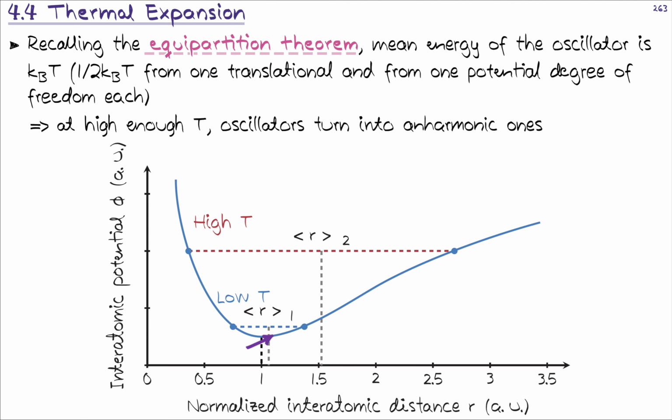When we have a low temperature, the potential still seems to be harmonic, and we do not have much asymmetry on this region of the slope. The mean location, giving us basically the interatomic distance, the equilibrium distance, will be unity here. And this is the low temperature or starting point temperature.